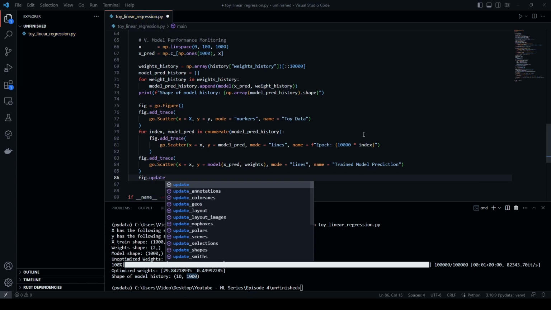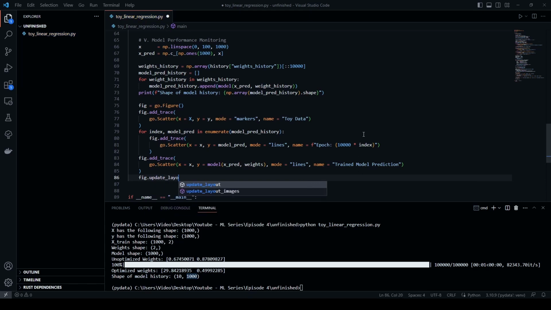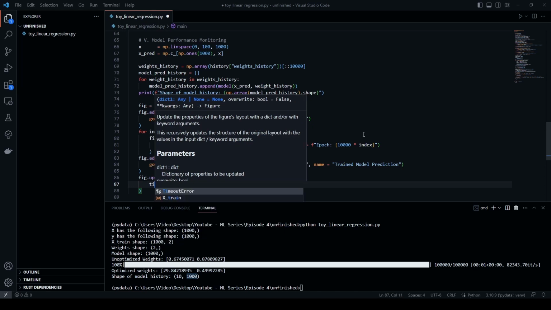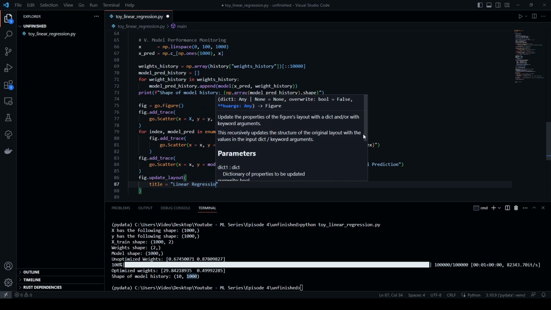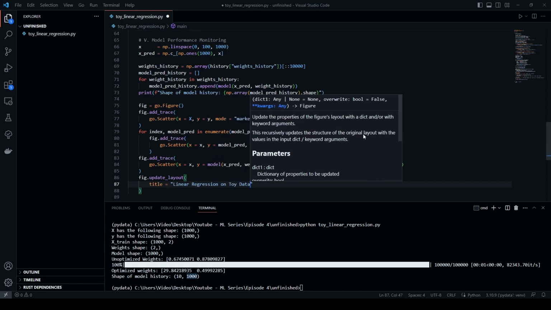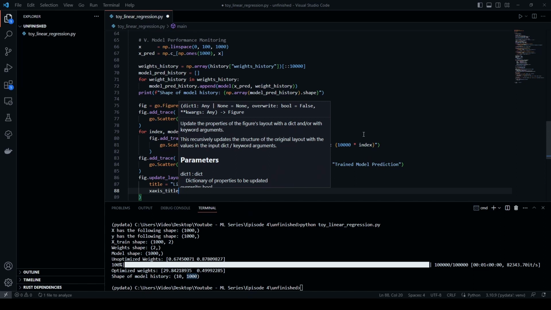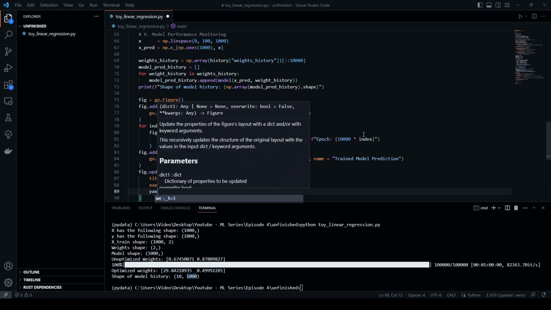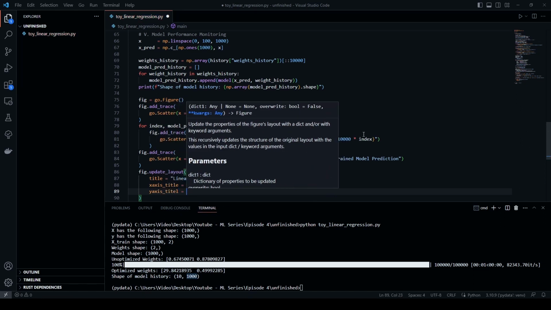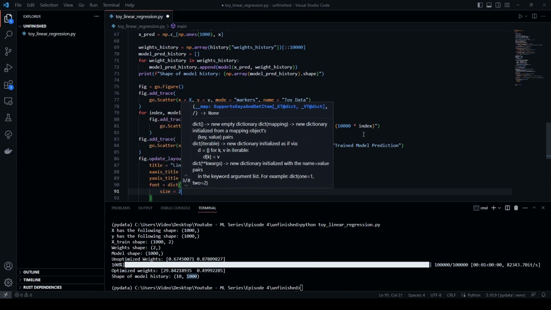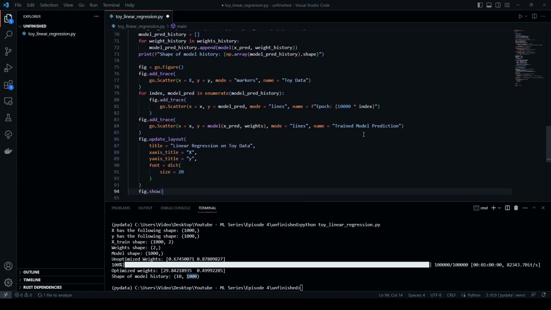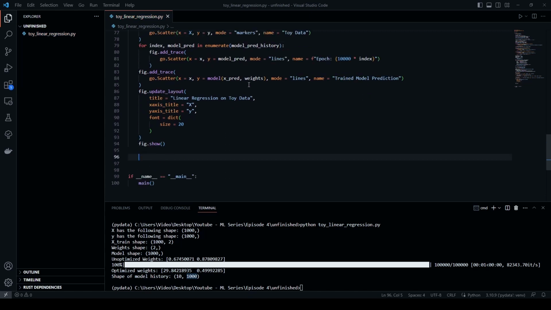So we can see the end result, how our model prediction looks after 100,000 iterations of training. So let's update the layout. Let's give it a meaningful title, linear regression on toy data. X-axis title is x, y-axis title is y, and let's increase the font size to 20. And then we can call fig.show in order to visualize the plot.